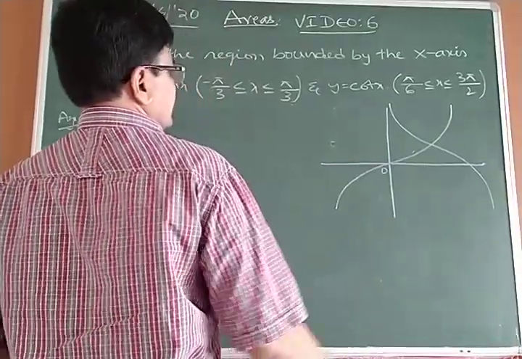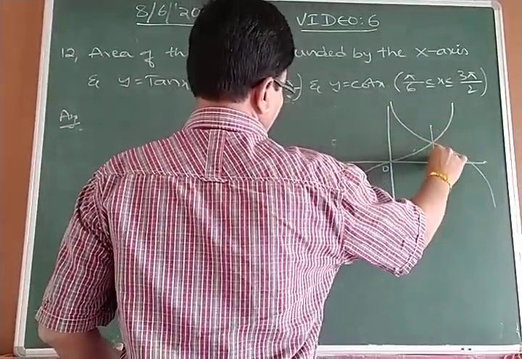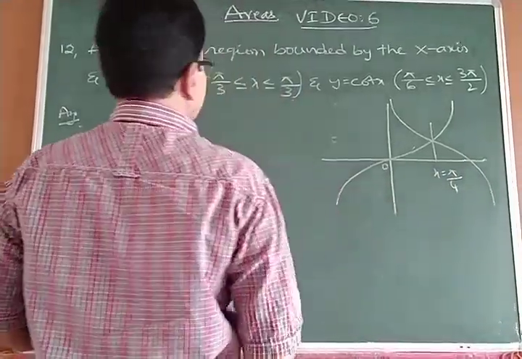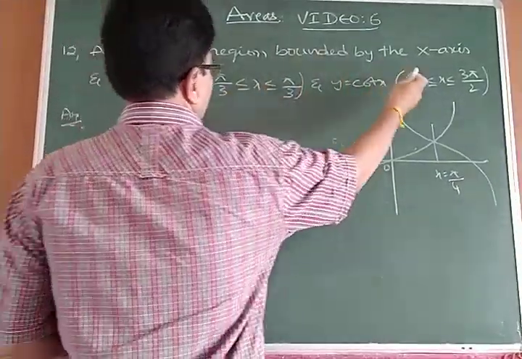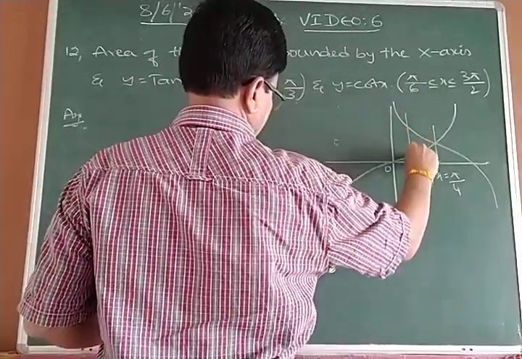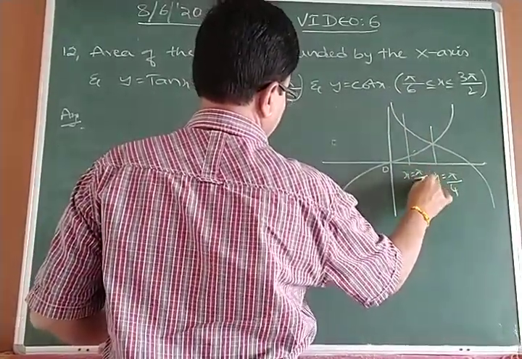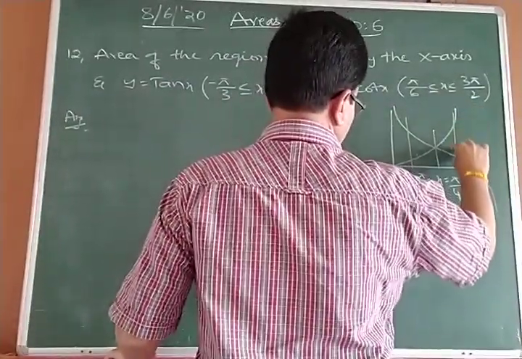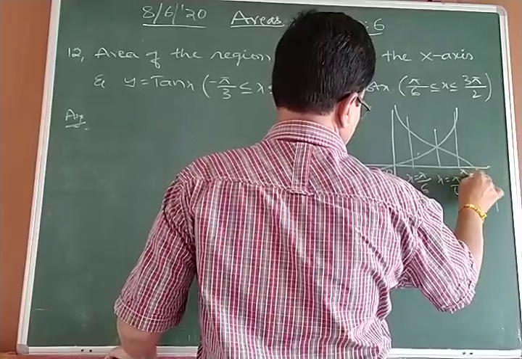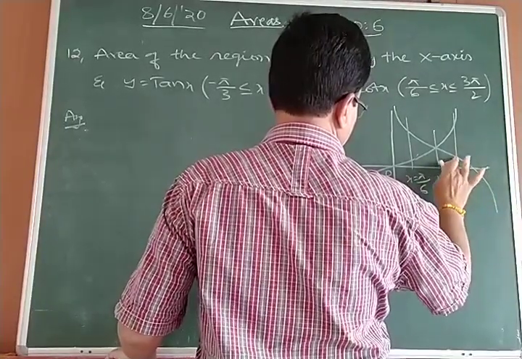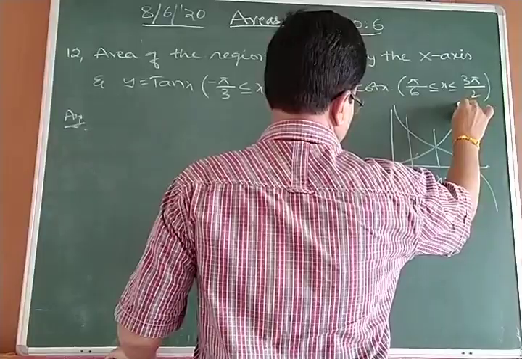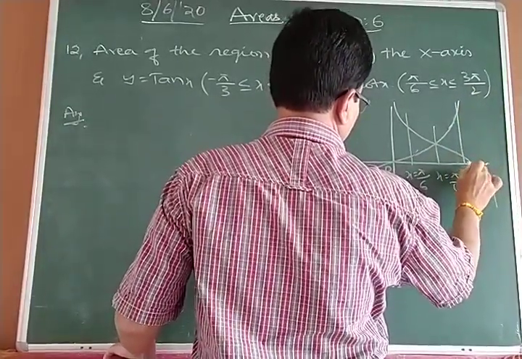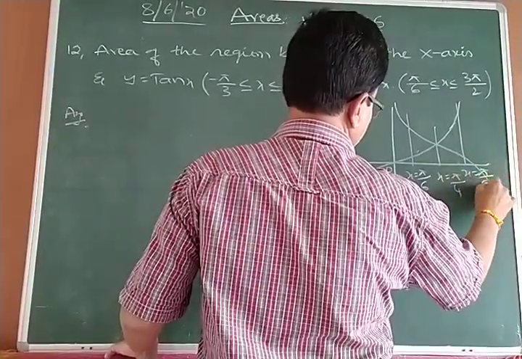These two curves intersect at the point x equals pi by 4, and here pi by 6 is the point, x equals pi by 6, and pi by 3, x equals pi by 3.